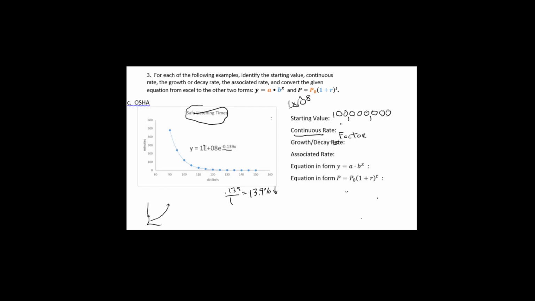So the continuous rate is 13.9%, decreasing by 13.9%. Now the growth decay factor, notice this, we're going to find this factor here.